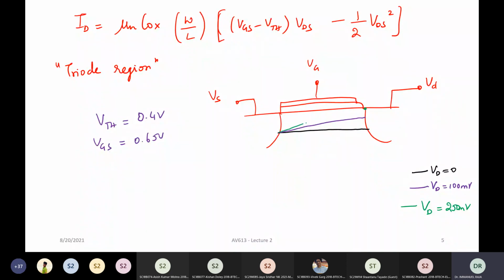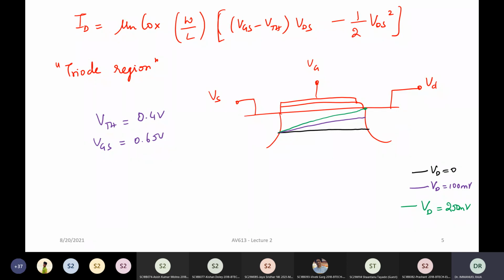And the channel is going to look something like this. Does it make sense? Basically, at the edge of the drain, you can think of it as the channel is just existing. It's just forming the inversion layer. There is no free charge beyond that, right? So this is how the channel behaves.